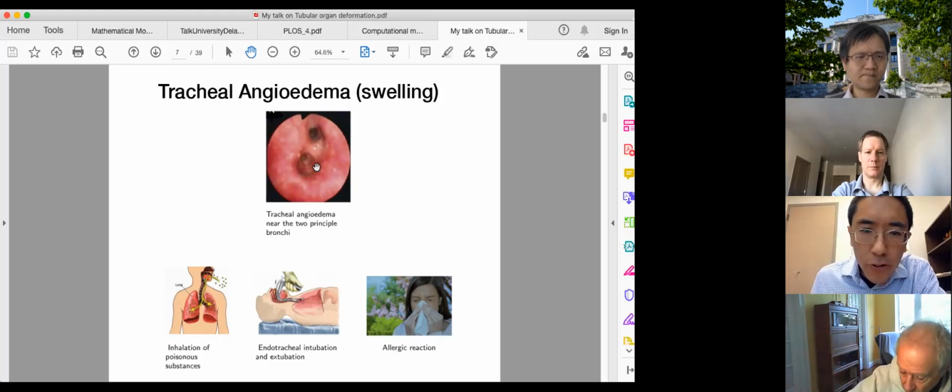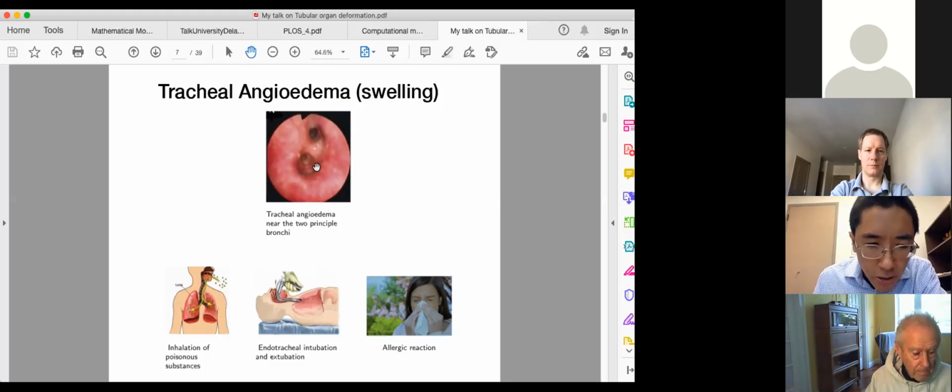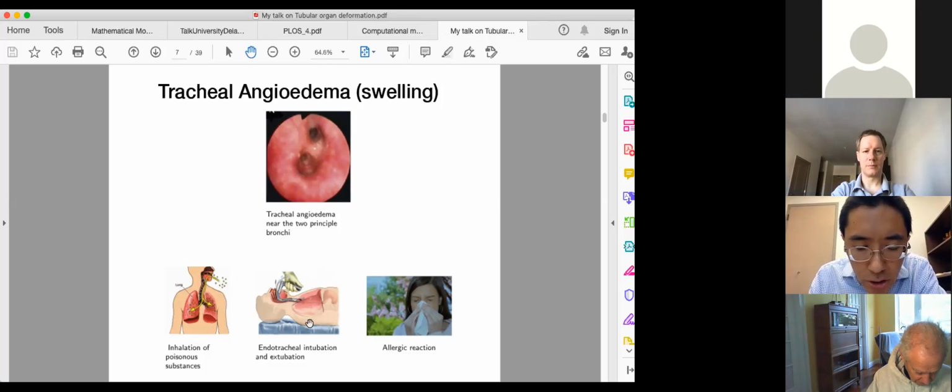Here I show you three reasons for angioedema. The first is inhalation of poisonous substances. Some people are very allergic to some substances, like peanuts for some kids. This can cause angioedema. The second is intubation and extubation, where a machine or equipment is put into the trachea to fix something.